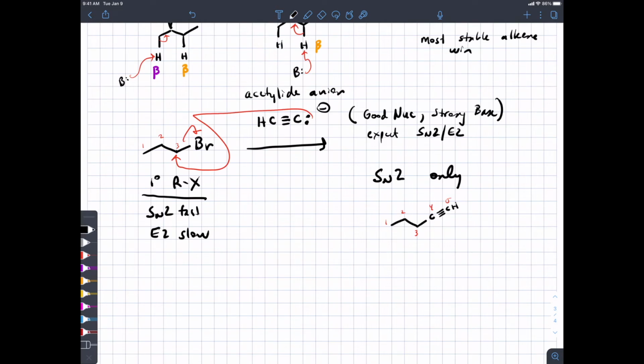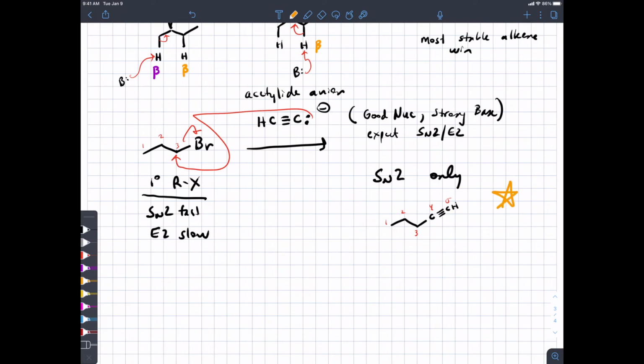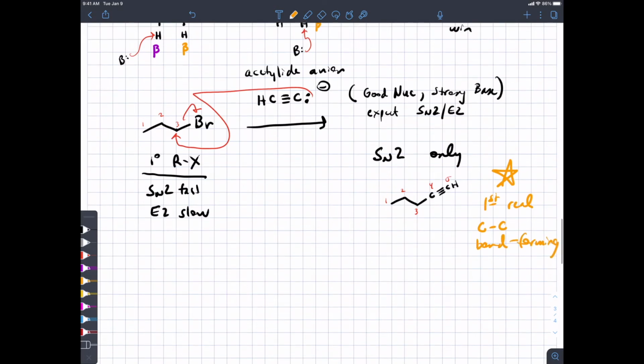We just want to pause and celebrate, because that is maybe our first or second real carbon-carbon bond forming reaction. You could argue that when we did cyanide as the nucleophile, that was also a carbon-carbon bond forming reaction. But there's less stuff you can do with cyanide than you can do with a carbon-carbon triple bond. So, yay, and there was much rejoicing, right?